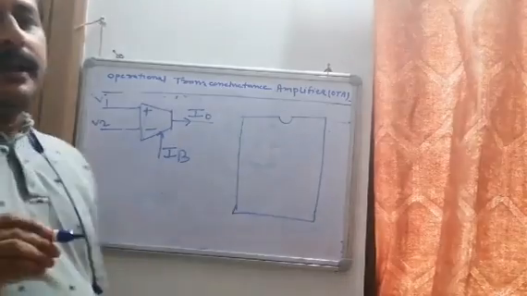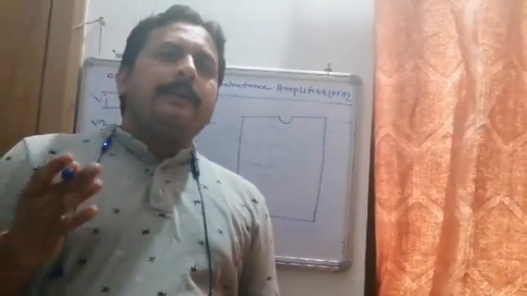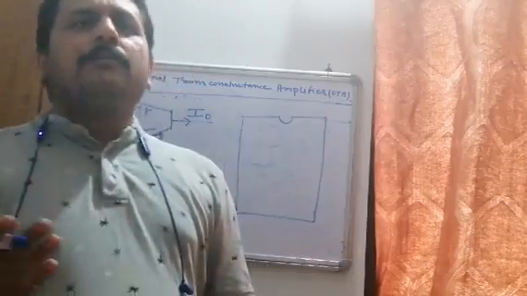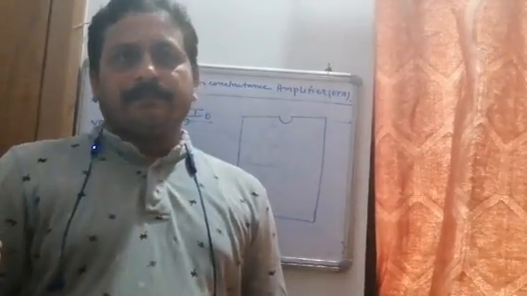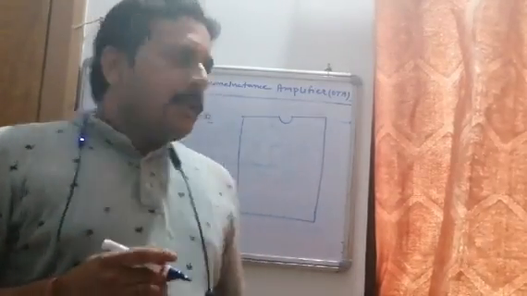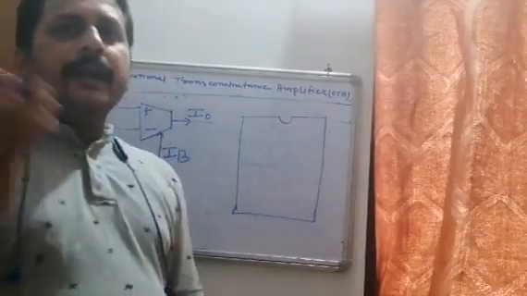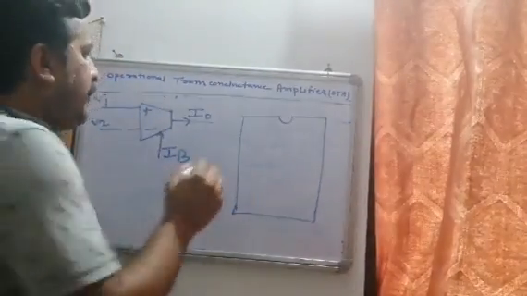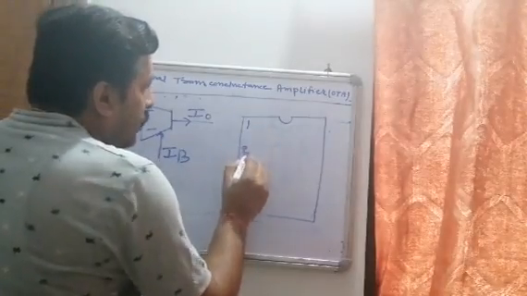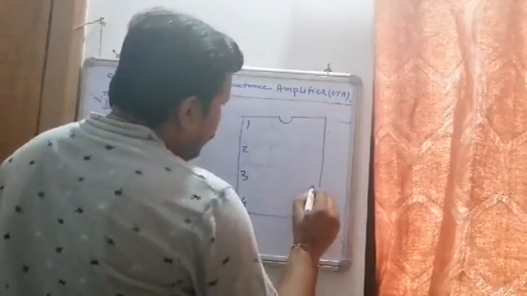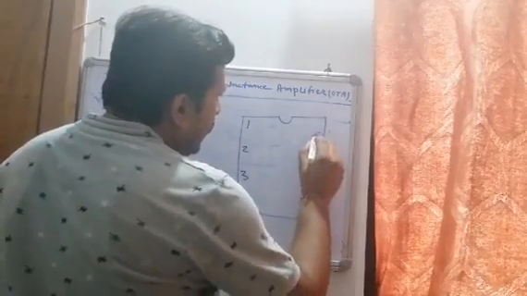OTA is available in an 8-pin configuration. It is available in a dual inline package or metal can package. So I will see the pin configuration of the dual inline. There are 8 pins in the OTA: pin number 1, 2, 3, 4, 5, 6, 7, 8.